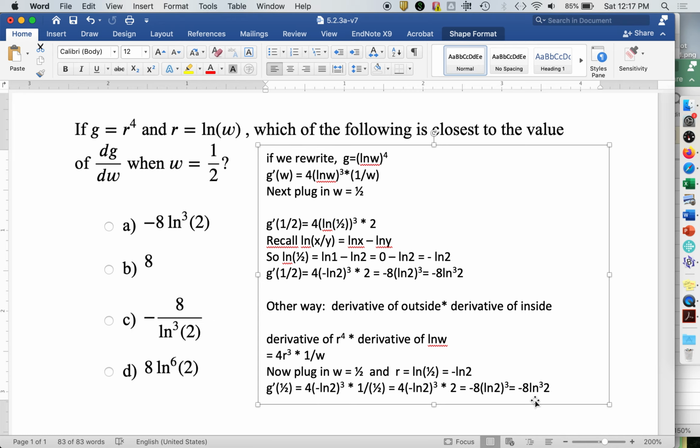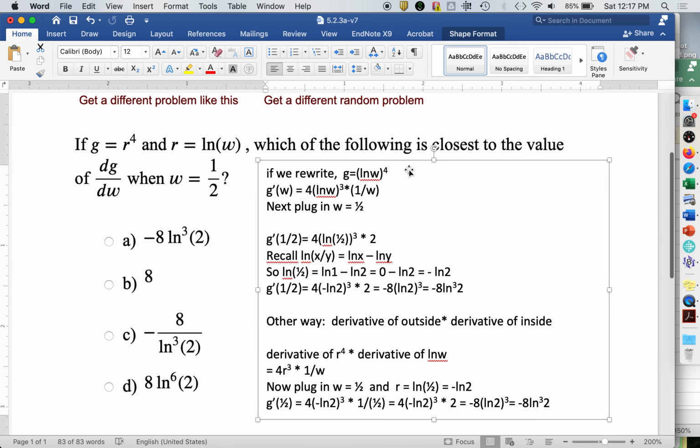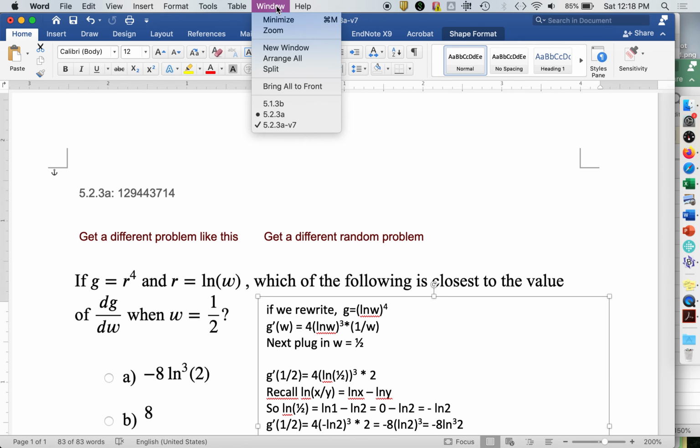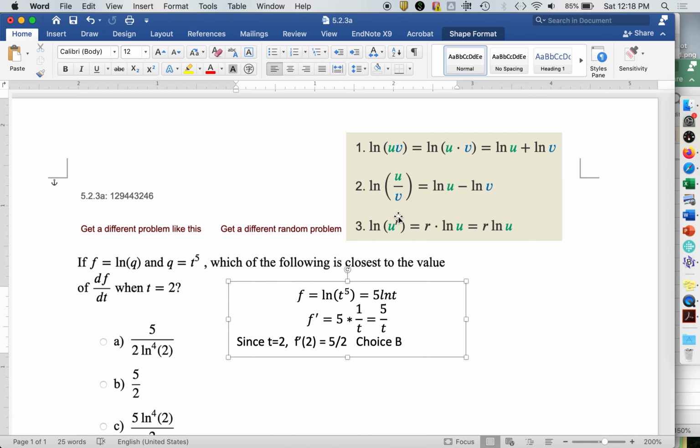So you can work this one out either way, but try to keep up with when you can use that little rule of logs and simplify versus when you cannot. When the power is on the outside like this one, I cannot just replace it. But in the first one I showed you, the power was on the inside.